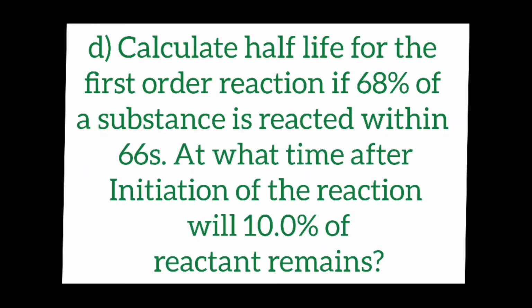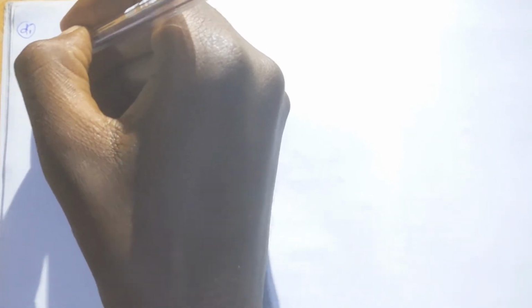Okay, the D part says calculate half-life for the first order reaction if 68% of a substance is reacted within 66 seconds. At what time after initiation of the reaction will 10% of reactant remain? Okay, this is the D part.